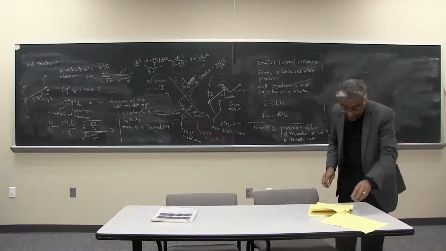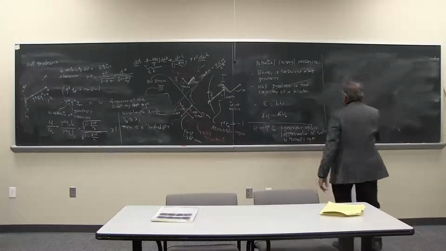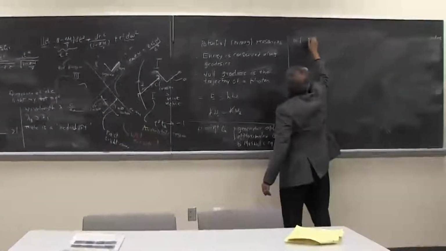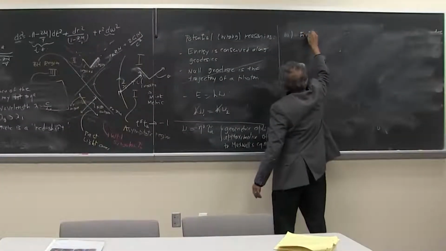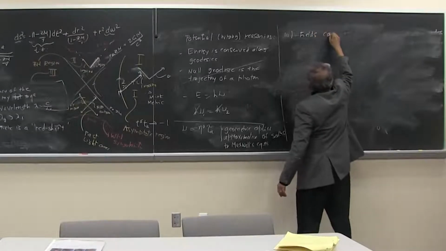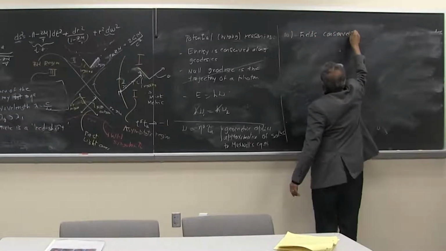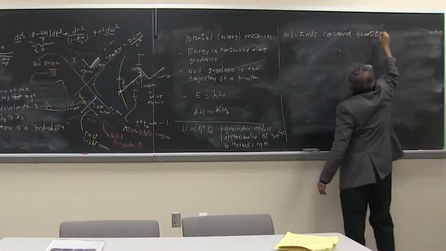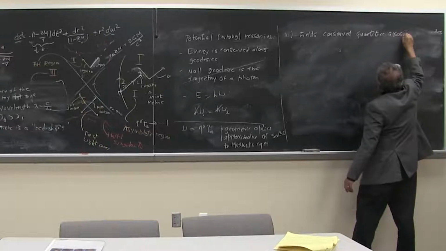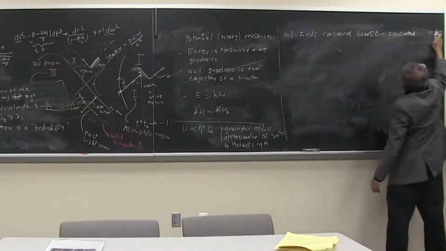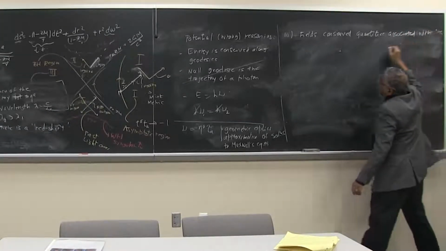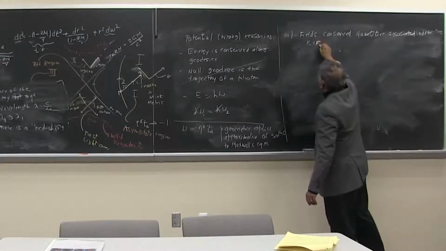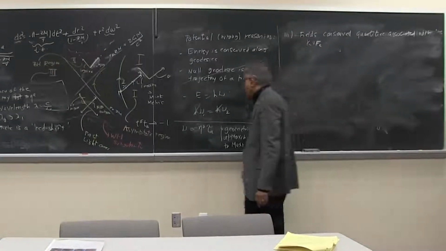And so the statement up here is that for fields, we also have conserved quantities with Killing vector fields.